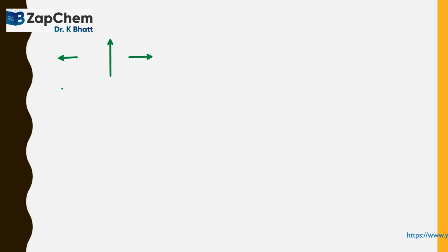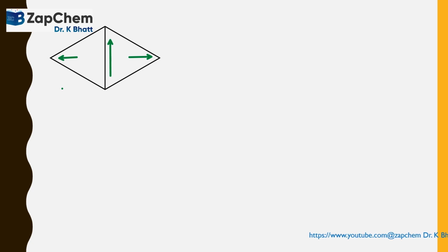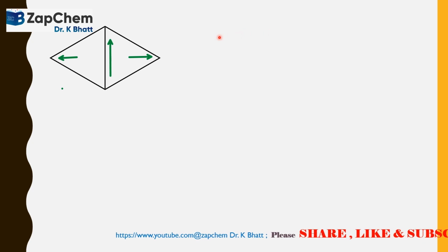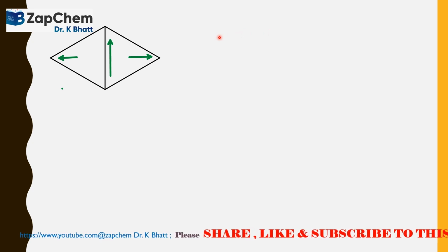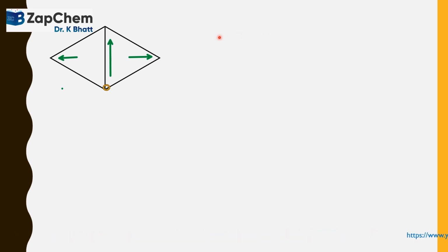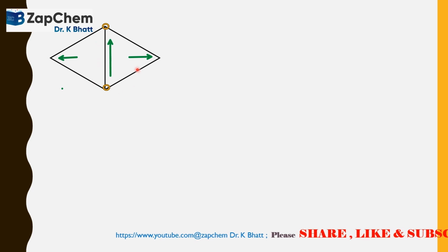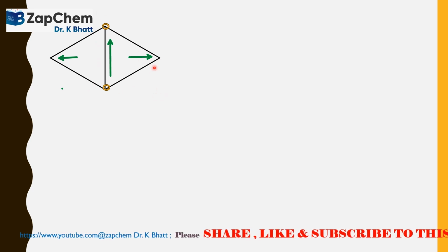Here is question number 1. As we know, a bicyclic compound contains two common points. So in this structure there are two common points for the cyclic structure here.